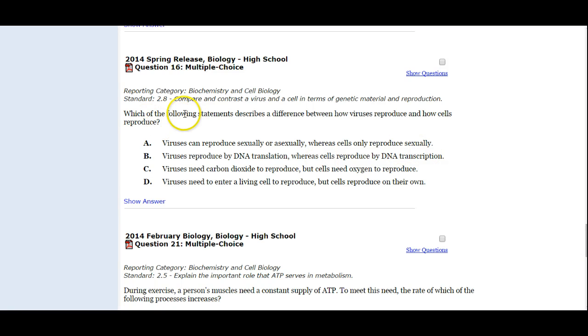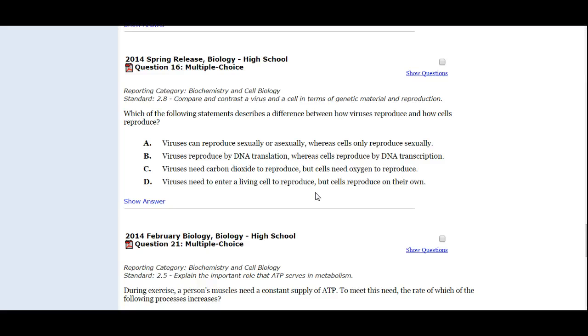There's a good one. Which of the following statements describes a difference between how viruses reproduce and how cells reproduce? Because viruses, remember, are they considered cells? I kind of asked a leading question there. No, they're not, because they're not considered living things. So read your choices.